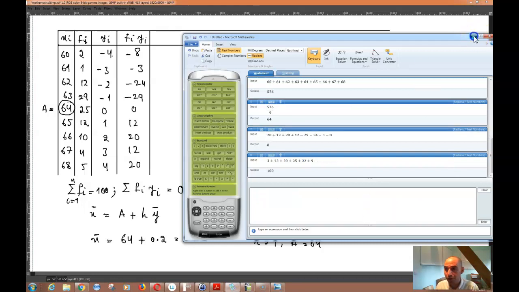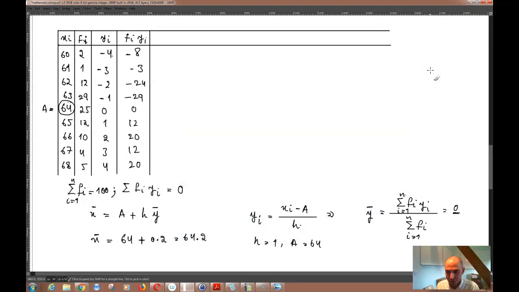That is correct. So that is 0, and that means that a plus h times y bar would be 0, and then here you would have 64. So your x bar is equal to actually 64, not 64.2. So your x bar is equal to 64.